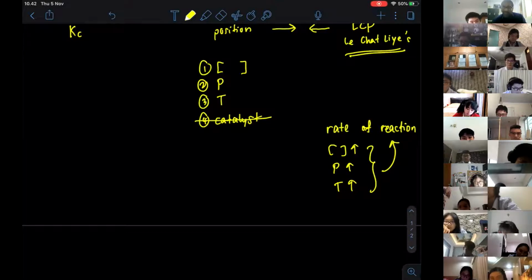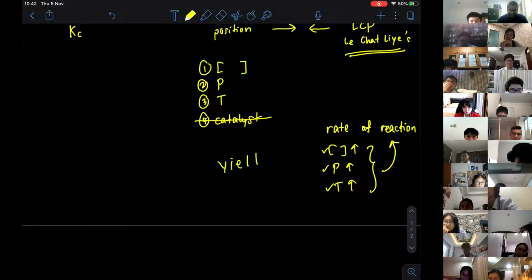So what's going to happen? You are going to have the equilibrium achieved at a faster rate, not only when a catalyst is there. You are going to achieve the equilibrium at a faster rate when you have these conditions as well. Achieving it fast and achieving more yield is different. What is yield?